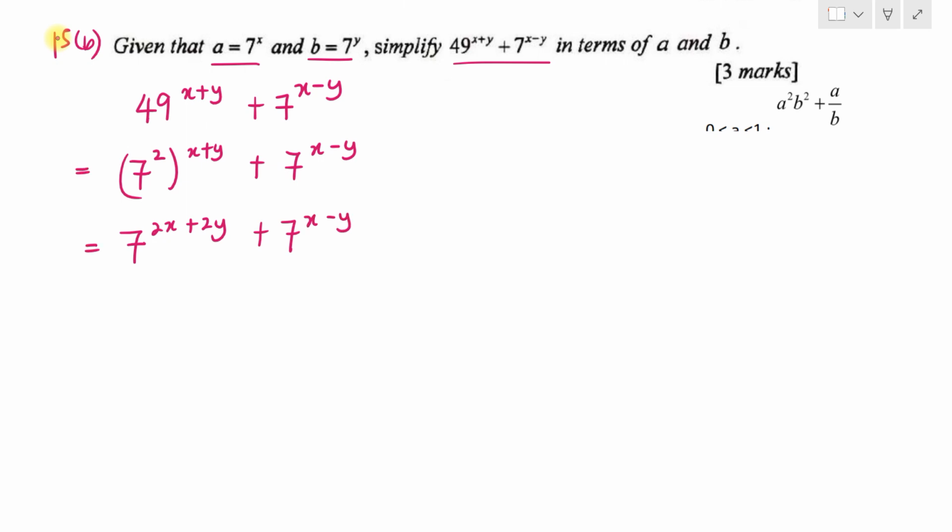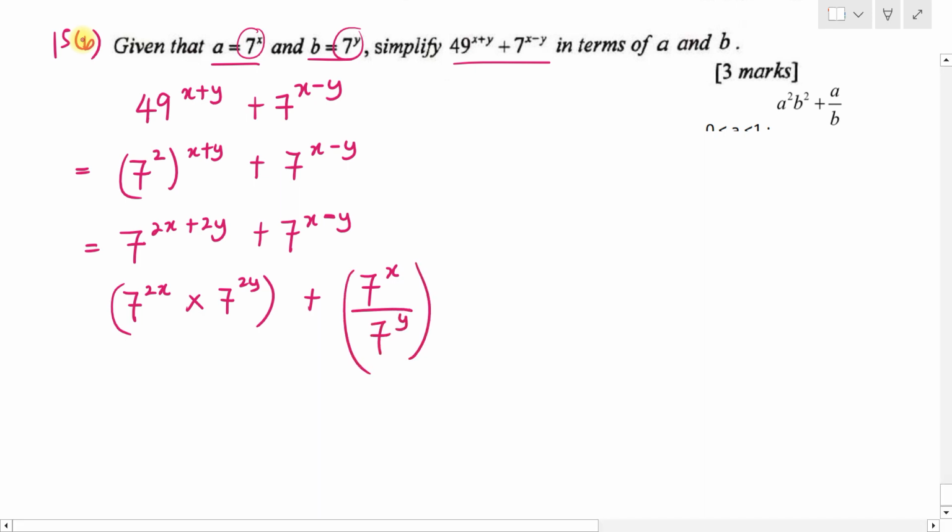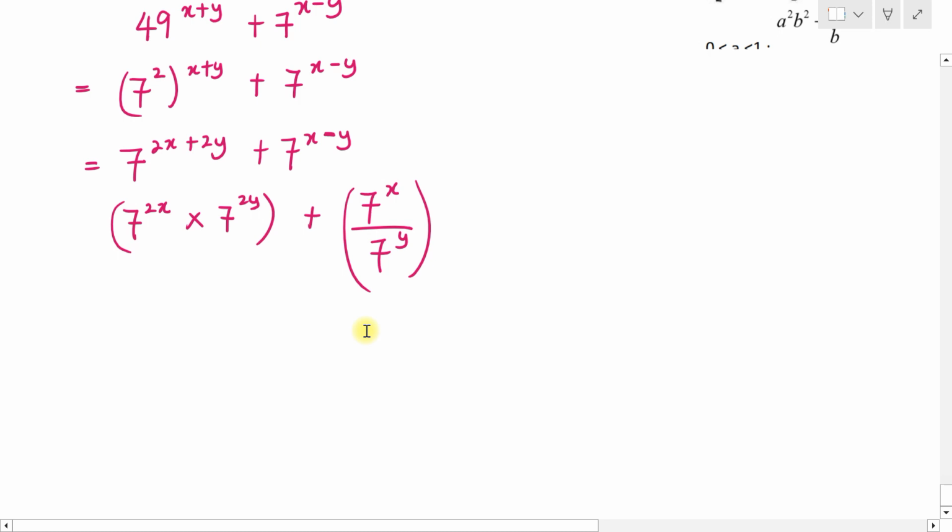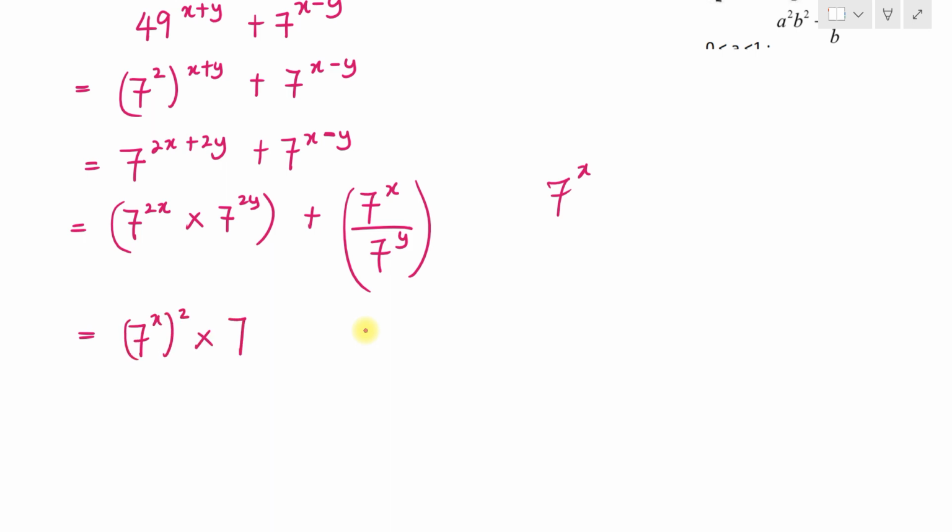Okay. And then you want to use A and B, make sure it's 7 power x or 7 power y. So we separate first: 7 to x multiply 7 to y. Addition becomes multiplication of 7 to x; for subtraction, we divide by 7 to y. So how can you expand more? You can use 7 power x only, not 2x. So we can make it like this. Right?